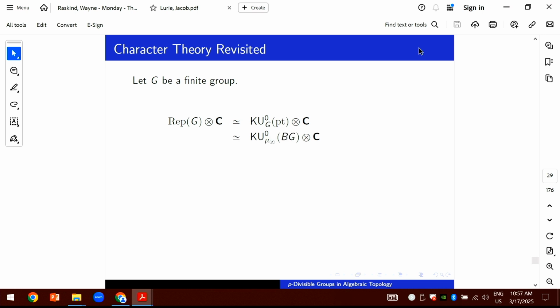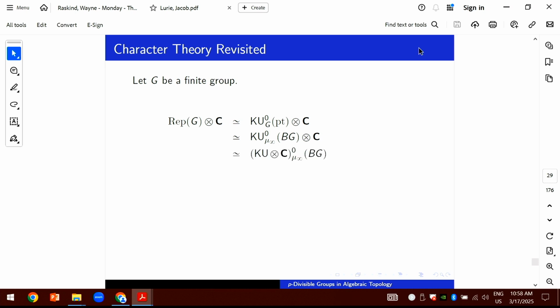But equivariant K-theory is a special case of tempered cohomology. So we're thinking of that as tempered cohomology for the p-divisible group mu infinity applied to the classifying space BG, and then we tensor with the complex numbers. And now I want to apply the theorem from the previous slide.